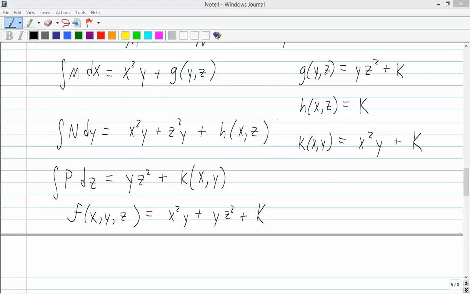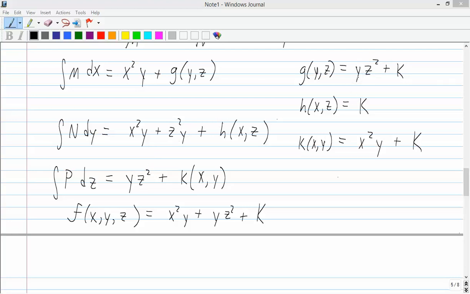You said g of yz, you were just looking for y and z. I'm just looking for a function of yz. This one and this one are the same. So out of all 3, we have this term. If these would have been different terms, then it would have been the sum of those 2.